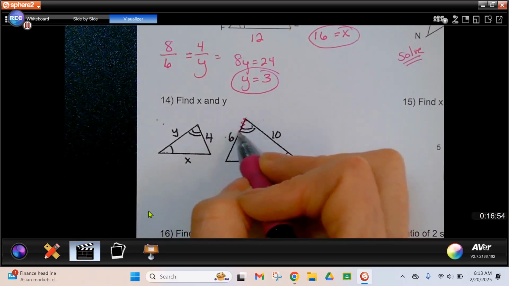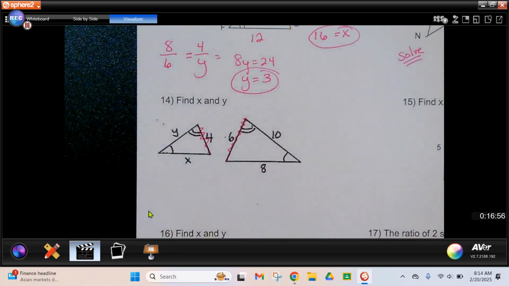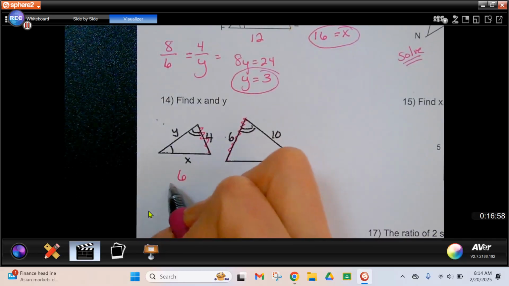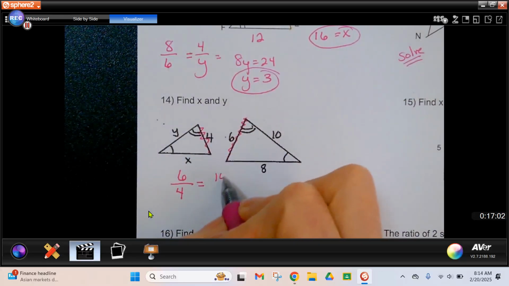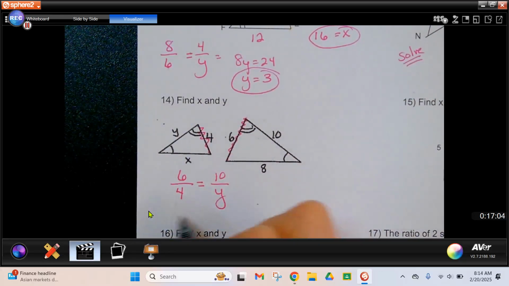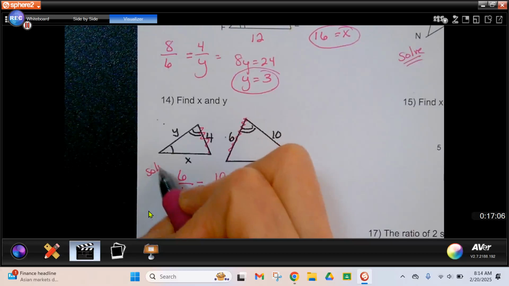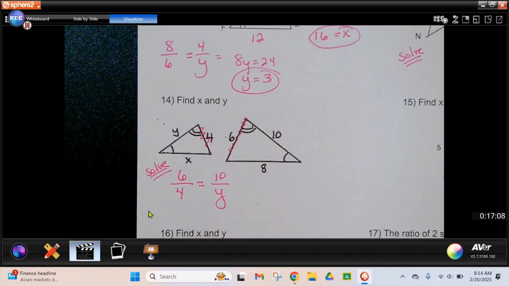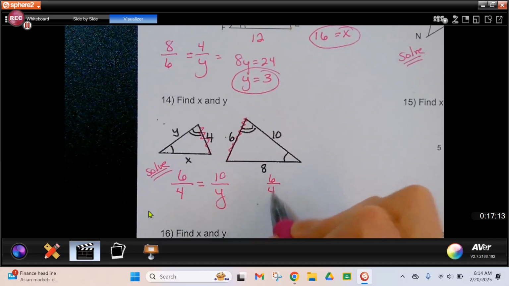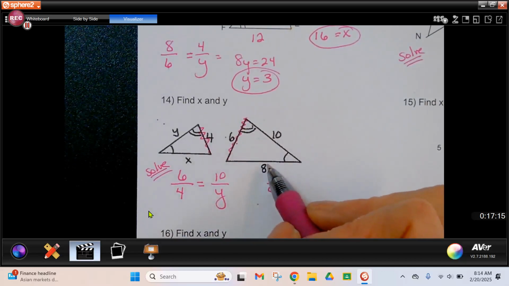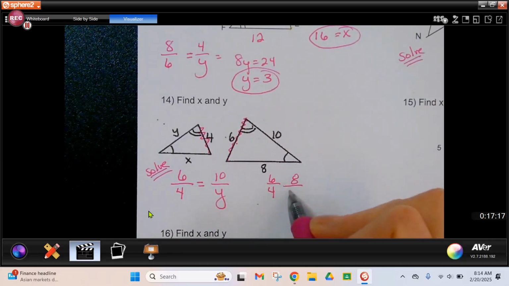So this side right here corresponds with this side. 6 corresponds to 4 as 10 corresponds to y. And now you solve for y by cross multiplying. And then we're going to use the ratio again of 6 to 4, those corresponding sides. And now we're solving for x, 8 to x.